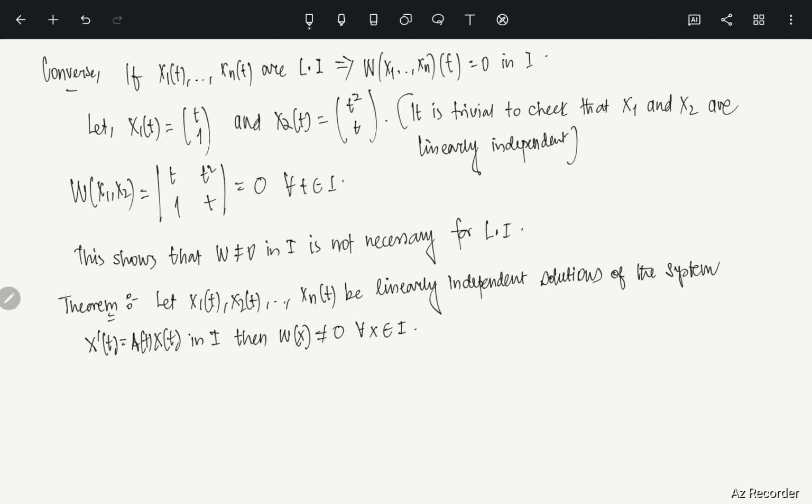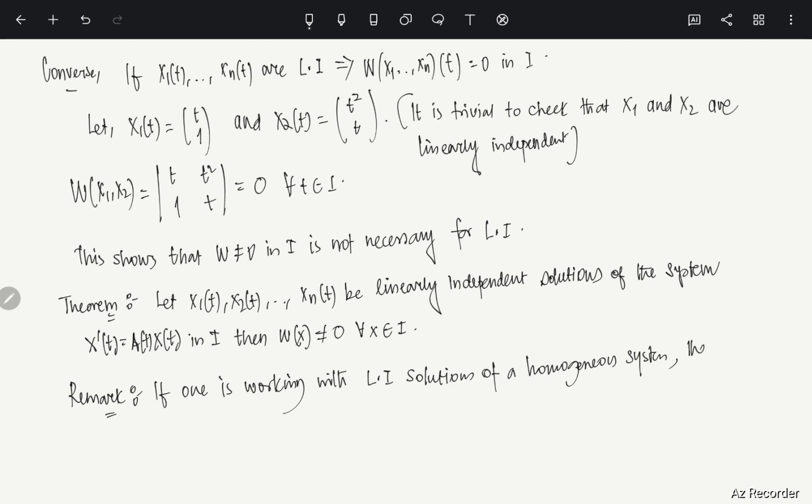So as a remark, if one is working with linearly independent solutions of a homogeneous system, then what can you say?